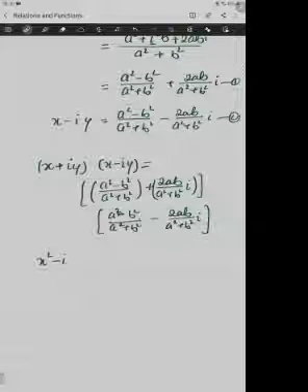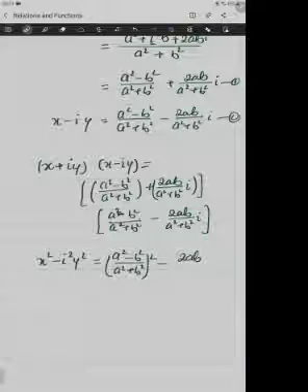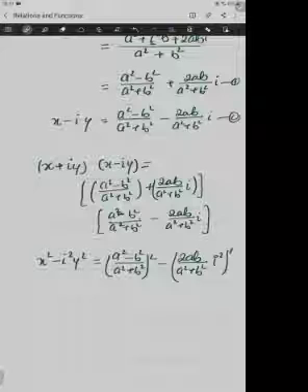x square minus i square y square is equal to a square minus b square upon a square plus b square, to whole square, minus 2ab upon a square plus b square i square, to whole square. It will become x square, i square is minus 1, na? One mistake I have made that I must show you.